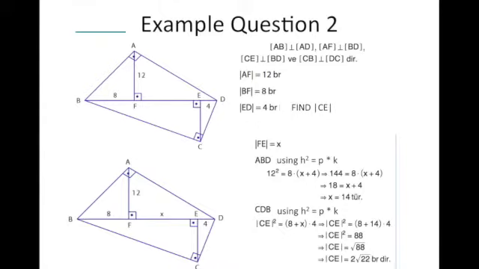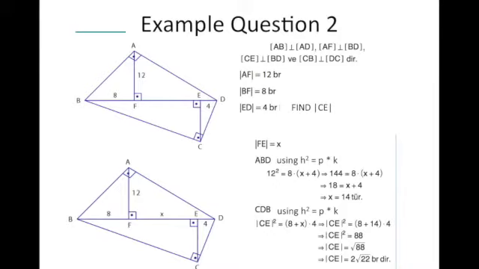Now, using the value of x, we are going to find CE, and we're going to use the triangle CDB and the same formula. So if we put in the values, it will be CE squared is equal to 8 plus x times 4. Now this time it's 8 plus x because K in this situation will be the sum of sides BF and FE.